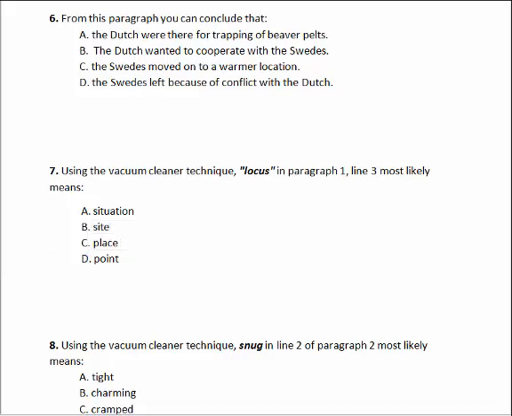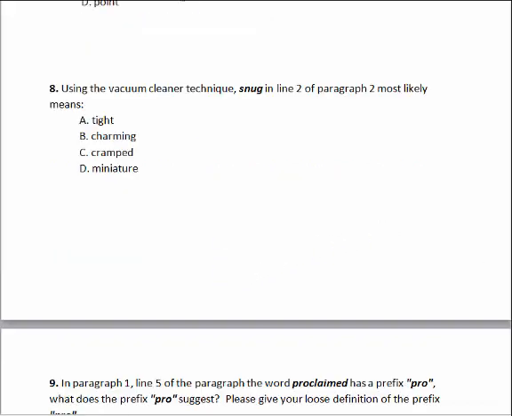It's problem number 8. We're going to use the vacuum cleaner here and take a look at the word snug on line 2, paragraph 2. What does the word snug mean? The answers that we're going to use are tight, charming, cramped, and miniature. Let's scroll on up to line 2, paragraph 2.